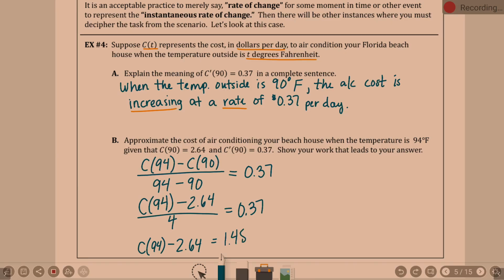And then if you add the 2.64 over, we find C of 94 to be 4.12. At 94 degrees, it's going to cost $4.12, and that is $4.12 per day.